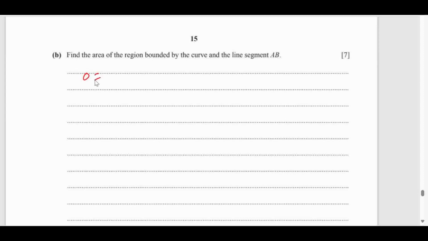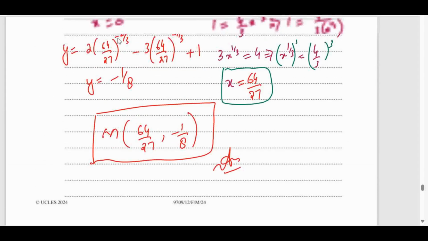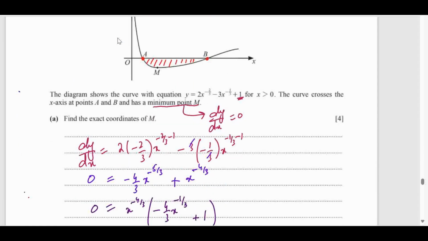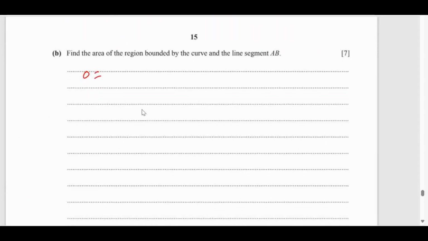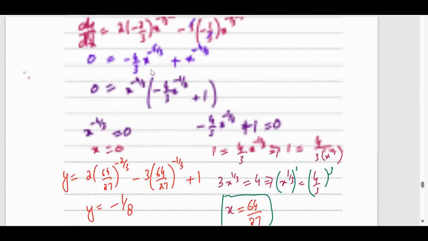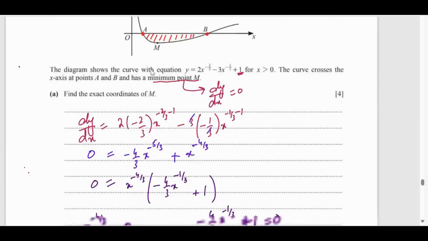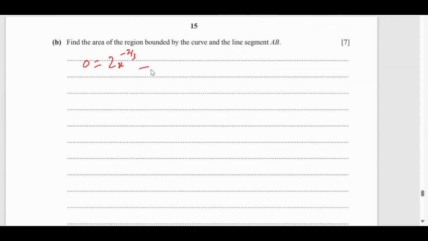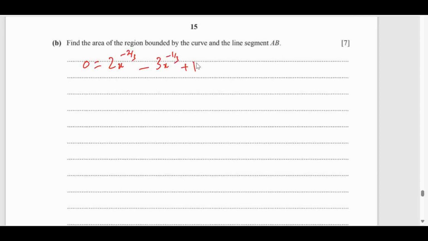So 0 is equal to, the equation was 2x power minus 2 by 3, minus 3x power minus 1 by 3, plus 1.